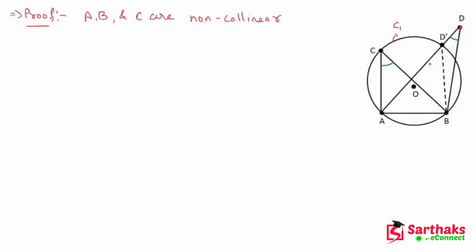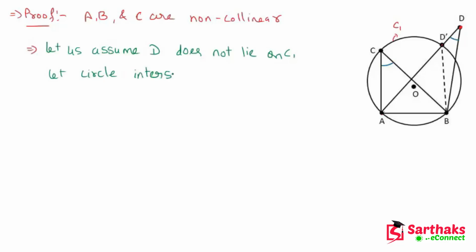Now let the circle intersect AD at D dash. So let us assume D does not lie on circle C1, and let the circle intersect AD at D dash.